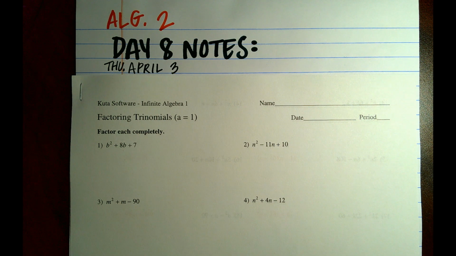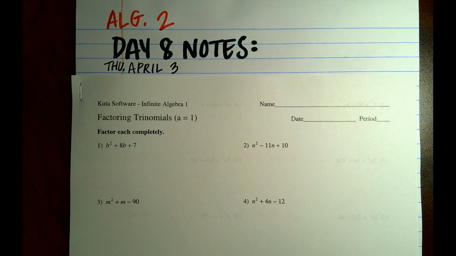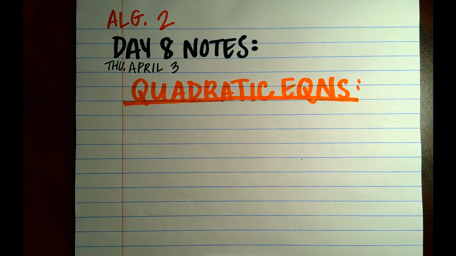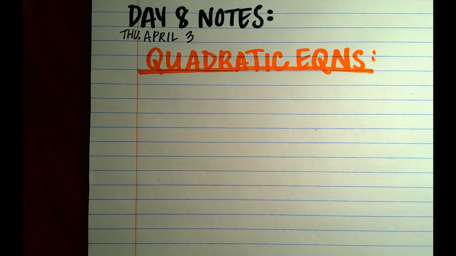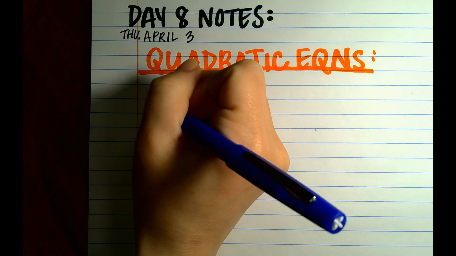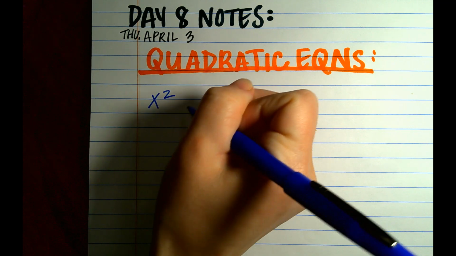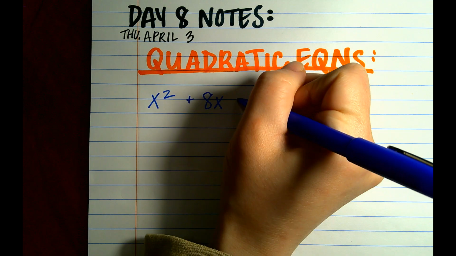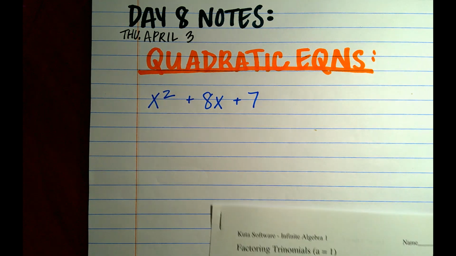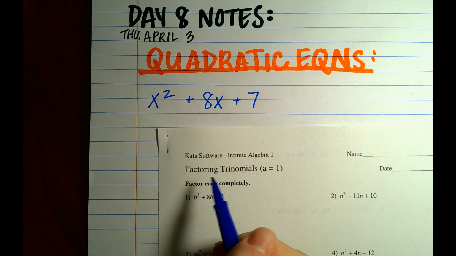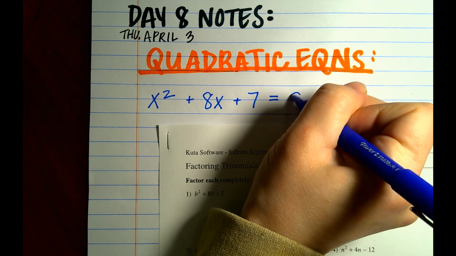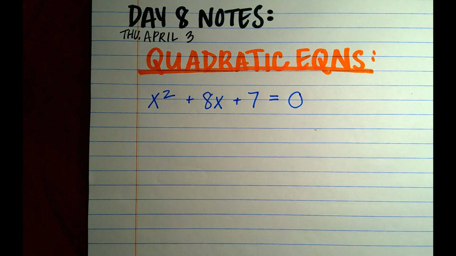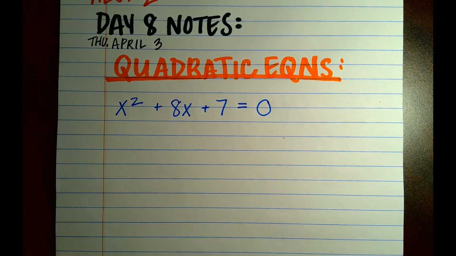So I am going to rewrite number 1 on my notes, but I'm going to use x instead of b. So we have x squared plus 8x plus 7, and we are going to write at the end equals 0, because now we're looking at equations, not just expressions.